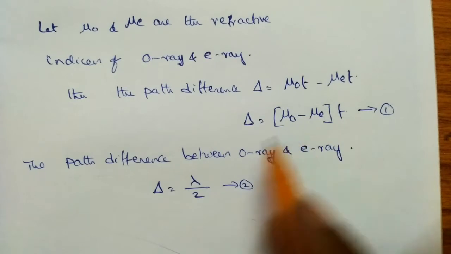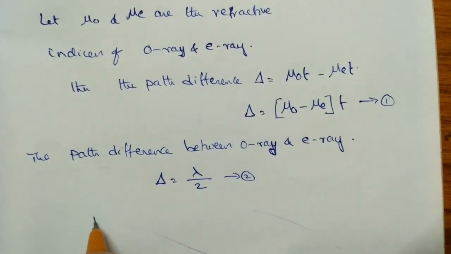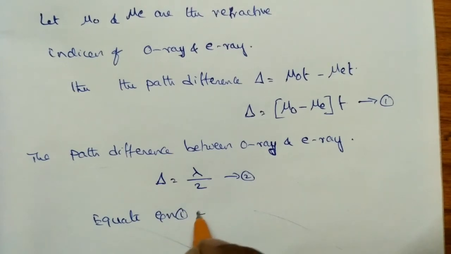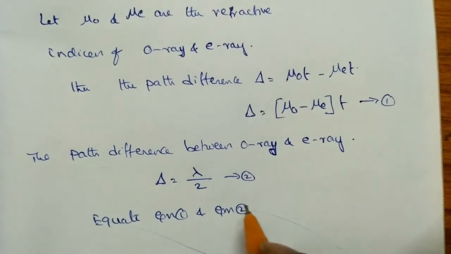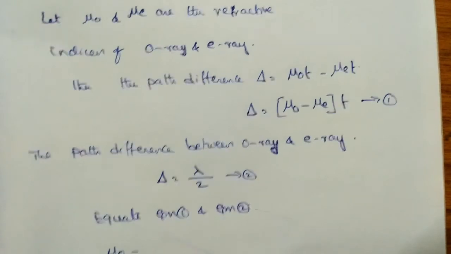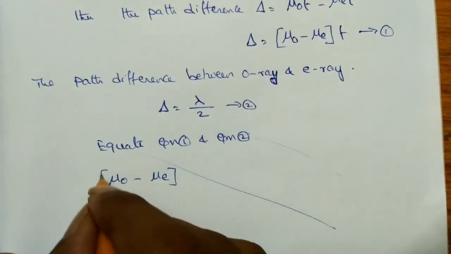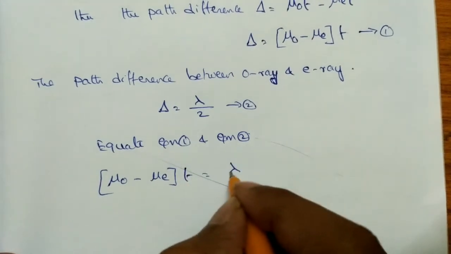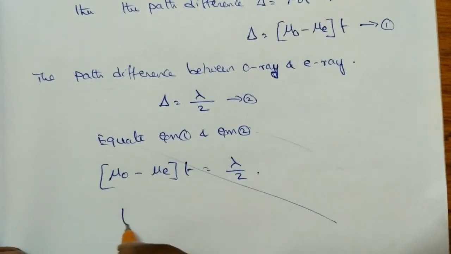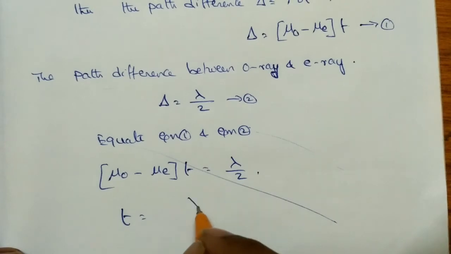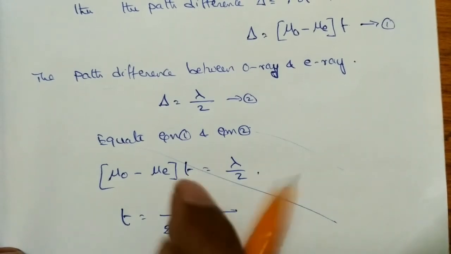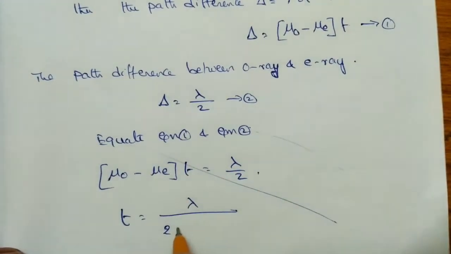Now equate equation 1 and equation 2. Mu O minus mu E into t is equal to lambda by 2. Then t is equal to lambda by 2 into mu O minus mu E.